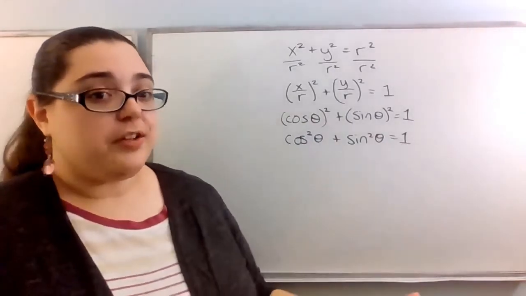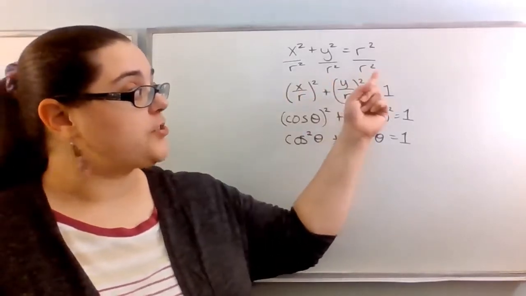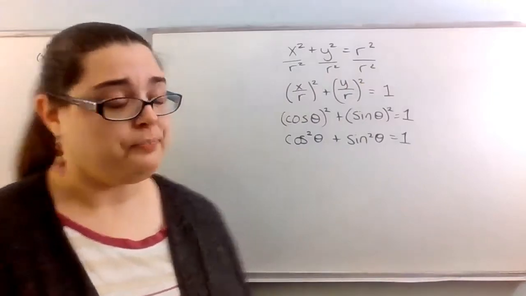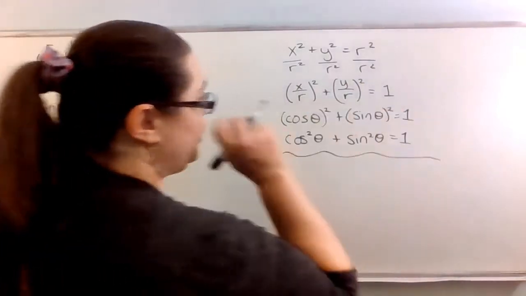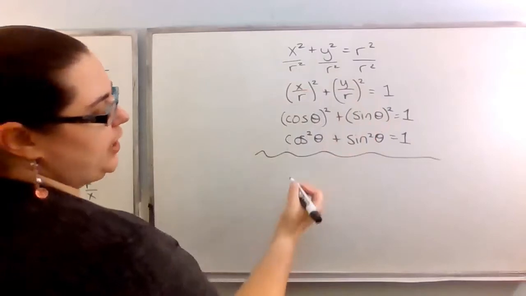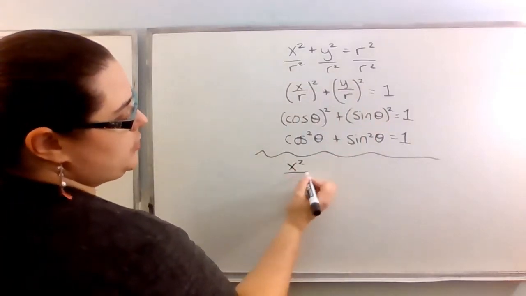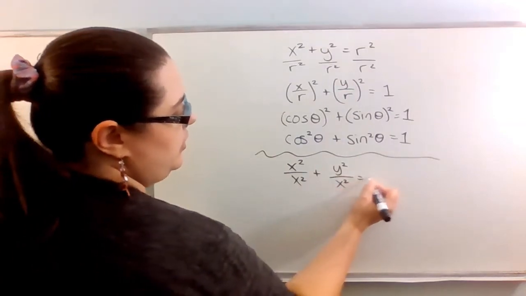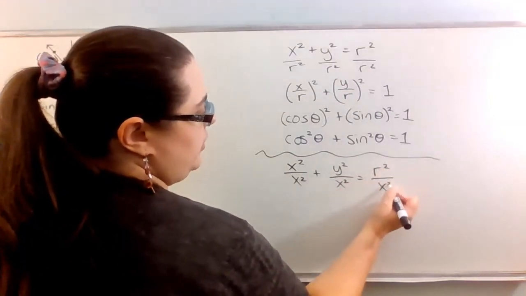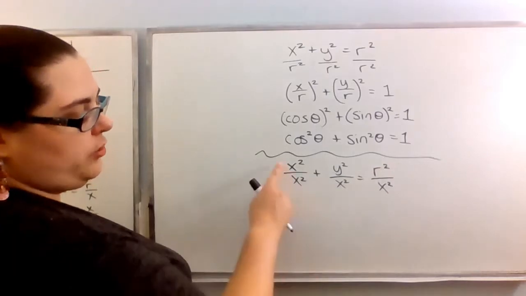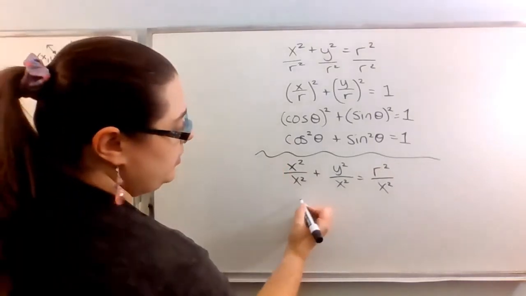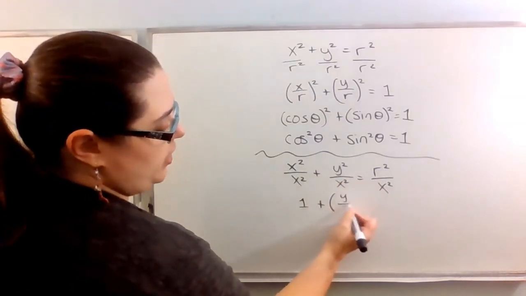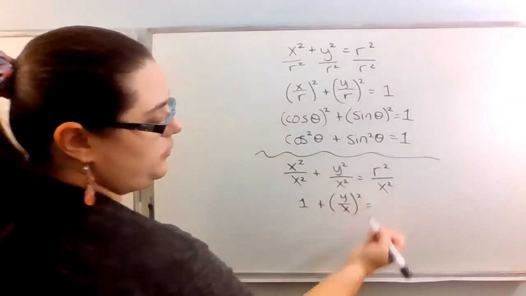Now, in this particular instance, I chose to divide by r squared, but I really could have divided by either x squared or y squared as well. So for instance, if we had divided by x squared, we would get x squared over x squared plus y squared over x squared is r squared over x squared. So x squared over x squared would be 1. Y squared over x squared, I could think of as y over x squared.